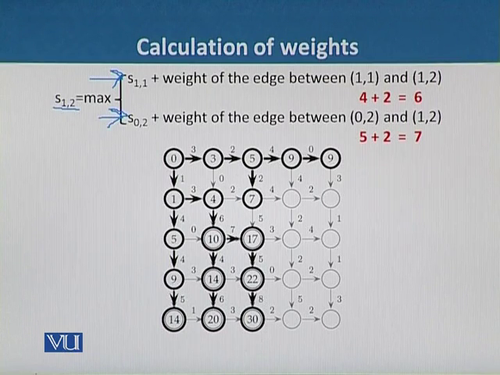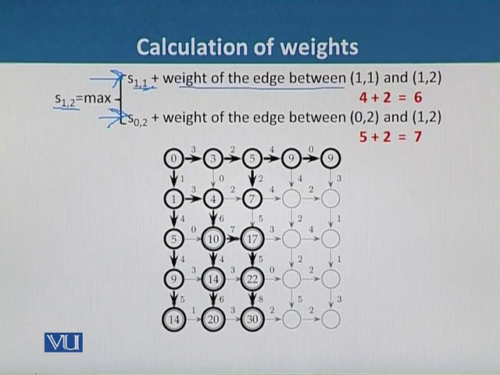For example, if we want to calculate the value of S12, first we have to consider S11. We have to subtract 1 from J. We know the value of J in this condition is 2, so 2 minus 1 will be 1. So the value will come as S11.